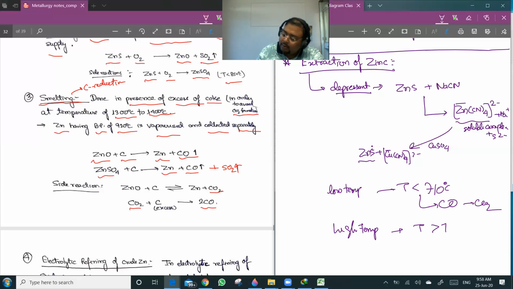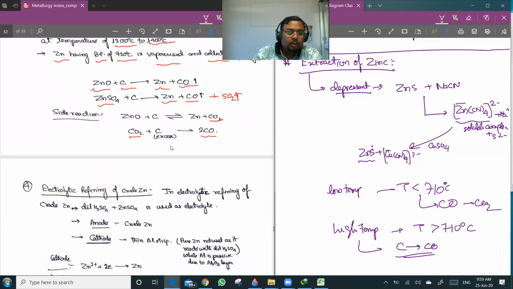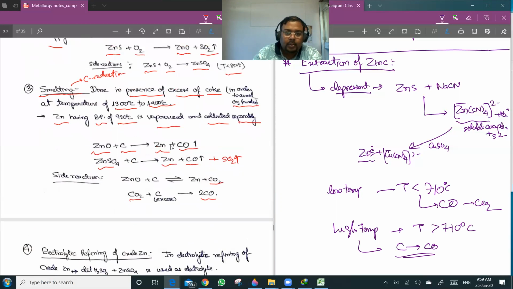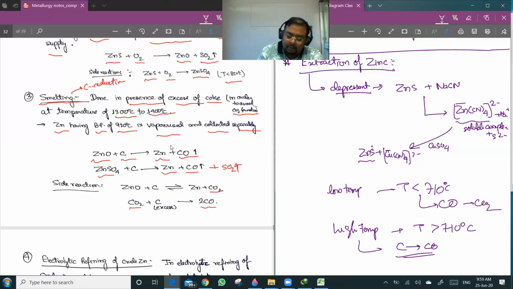But we don't take the risk. We increase the temperature even more. Carbon going to CO is a better reducing agent.